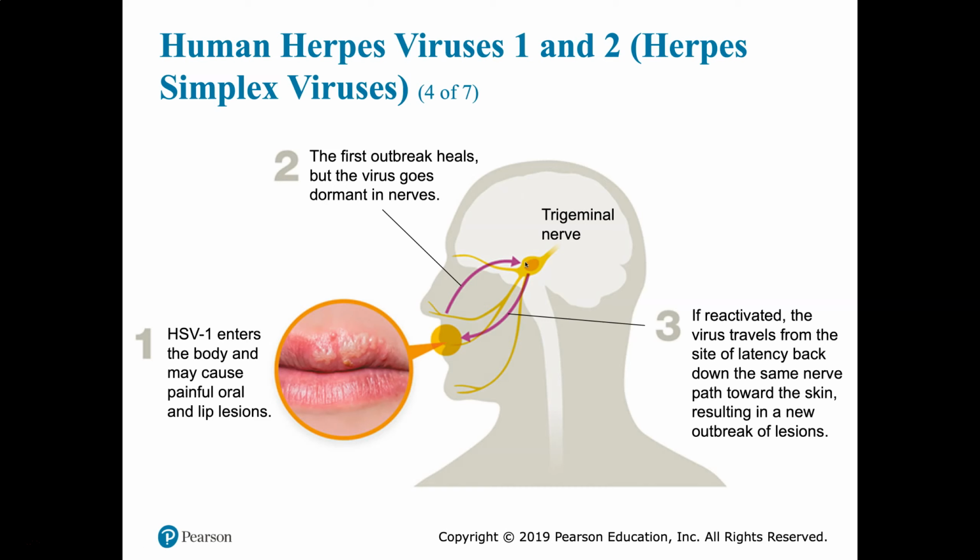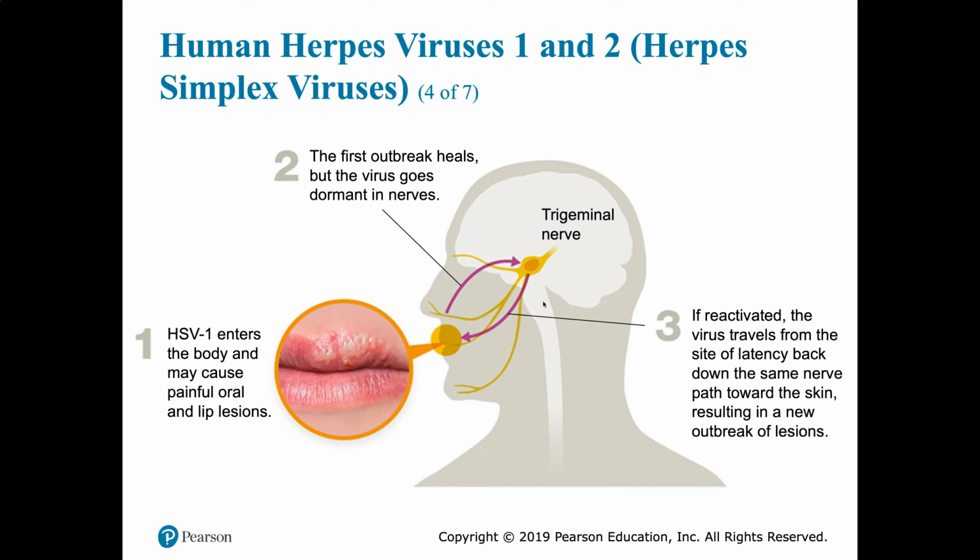And then if it ever gets reactivated, it comes back down the peripheral nervous system to the lips, and you get another cold sore. And then if it goes back to latent, it'll go back to the trigeminal nerve ganglion, hang out there, and may never come back. Who knows? We don't really know.